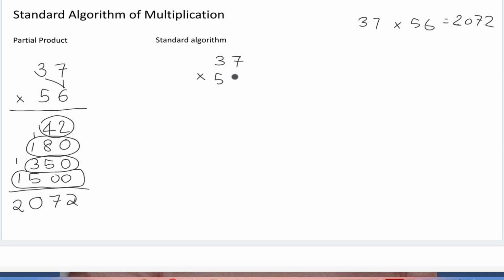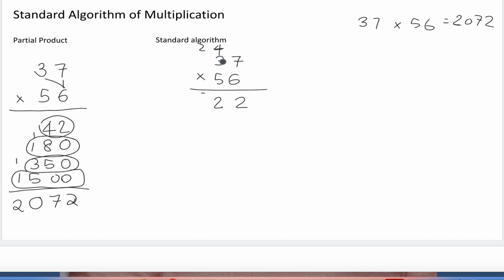So in standard algorithm, what we do is this. 6 times 7 is 42, and we put 4 here because it's 4 tens, right? Then we do 6 times 3. 6 times 3 is what? 18, and we put 18 here, but since there's 4 added to it, we have 22.